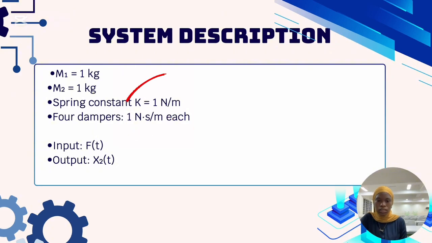The input to the system is the external force F of t applied to mass 1, and the output is the displacement of mass 2, denoted as x2 of t. We define x1 of t as the displacement of mass m1 and x2 of t as the displacement of mass m2. To determine the transfer function, we must write the equations of motion for both masses using Newton's second law.